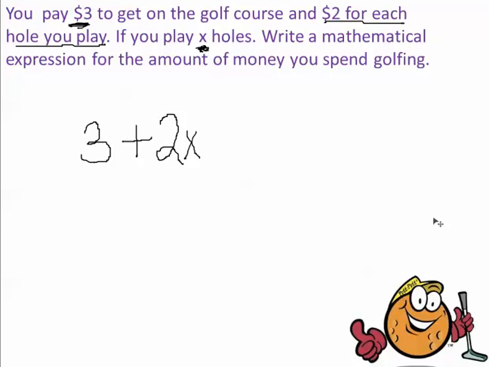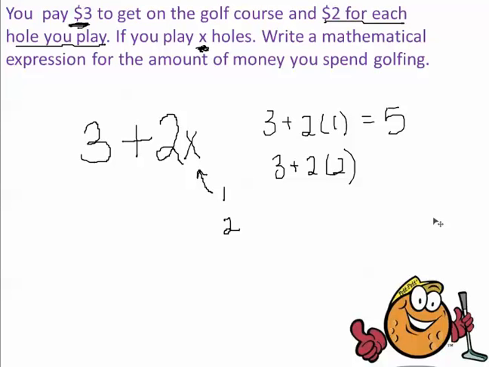And what's cool about that is I can now come in and say, well, if I play 1 hole of golf, it's going to cost me 3 plus 2 times 1, or $5. But if I play 2 holes of golf, then it'll cost me 3 plus 2 times 2, or $8.